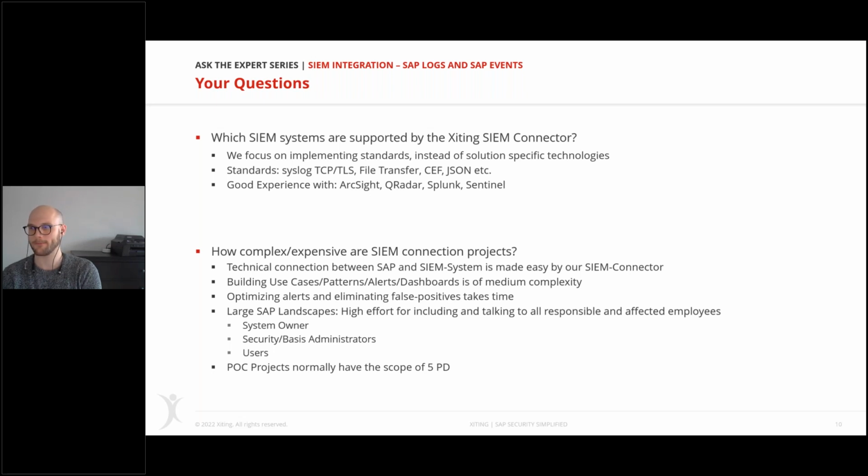Are there any legal compliance requirements that would force SAP customers to analyze and evaluate their SAP logs and log data via a SIEM integration? Is this a must-have for specific industries or segments, or is this all nice to have?